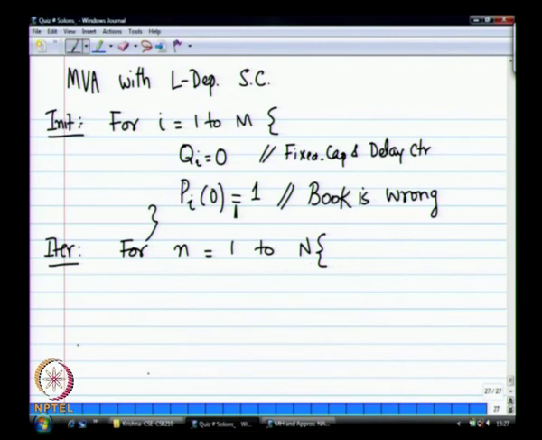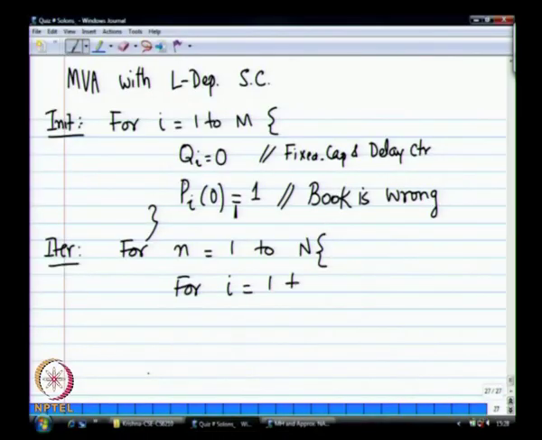Now for a given input value n, we compute the values for n equals 1, then based on those values for n equals 2 and so on, just like we did in the exact MVA. So this is now for every queue i. What is Ri? If it is a fixed capacity center, it is Si into 1 plus Qi, remember when there are n minus 1 customers, what is the queue length, plus myself, into the service time.